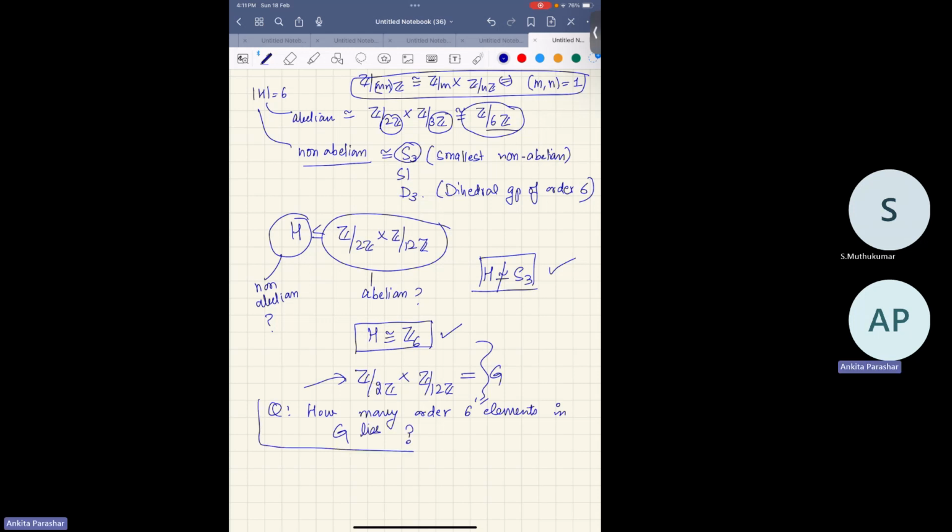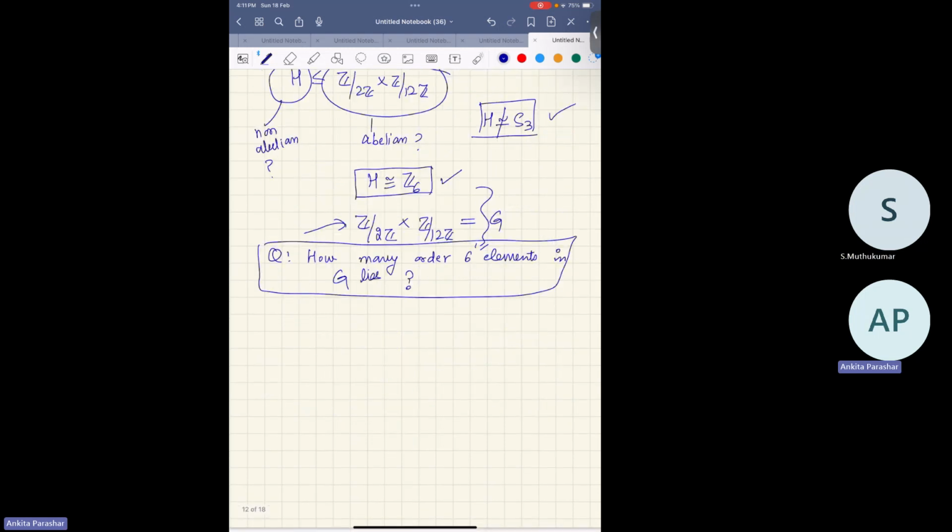If I answer this question, will I be able to answer how many subgroups there are? You can generate each element, exactly right. There is one reason: if an element x of order n is inside a group, then the group generated by x has order n. Knowing this fact will help me get the number of order 6 subgroups.